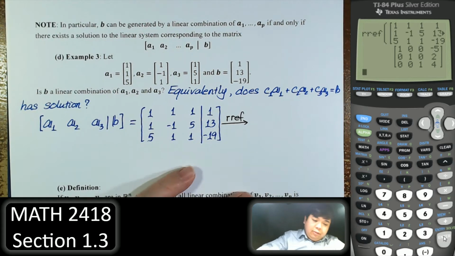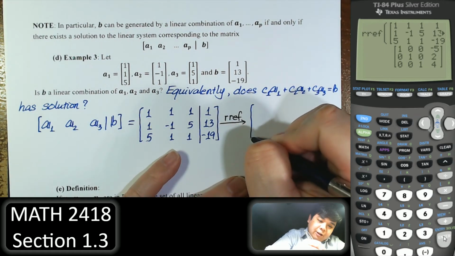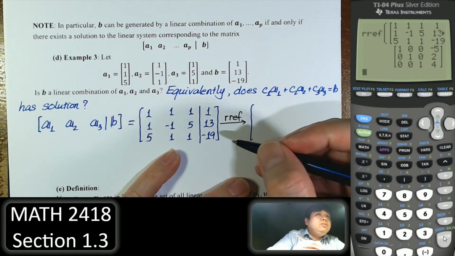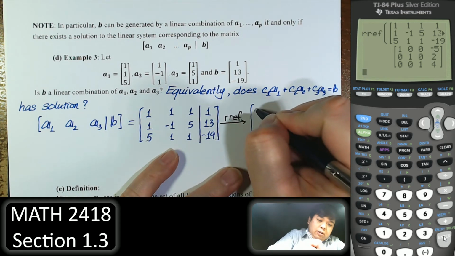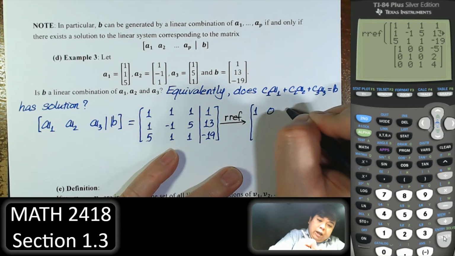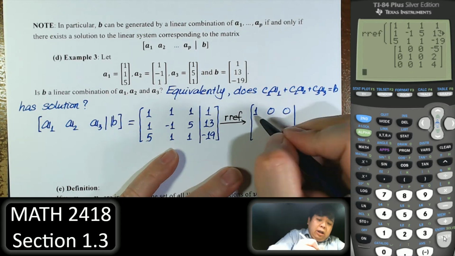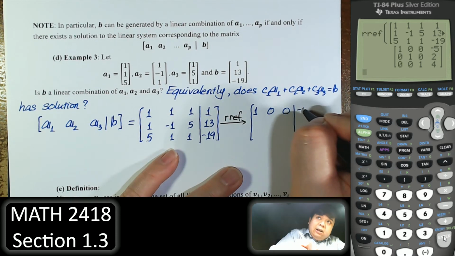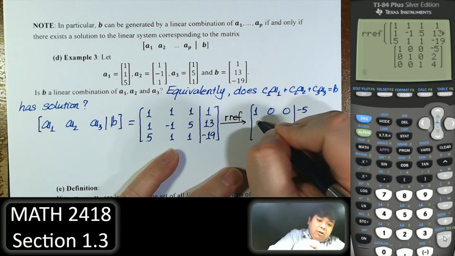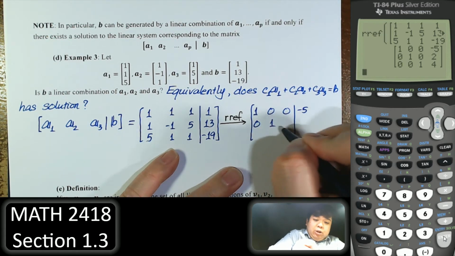Right. And we have this matrix in reduced row echelon form.